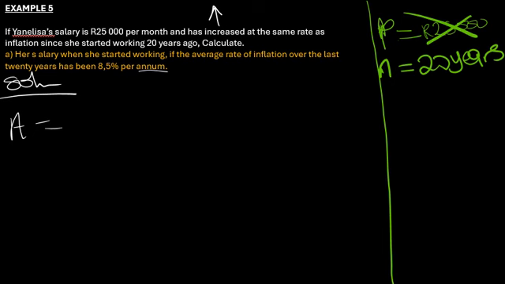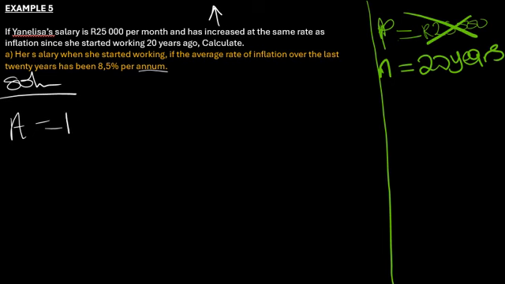In this case, we are not told whether to use the simple interest or the compound interest. But let me use the simple interest first, because it's been a long time since we have been using it.